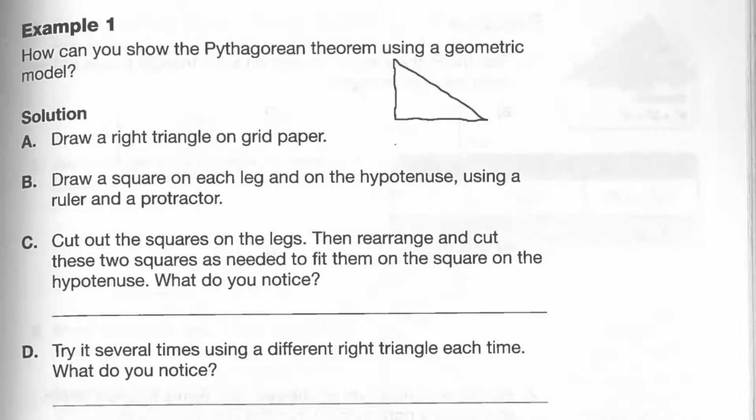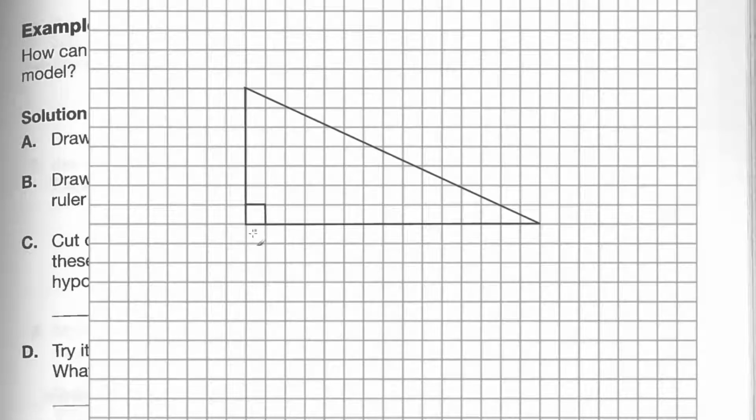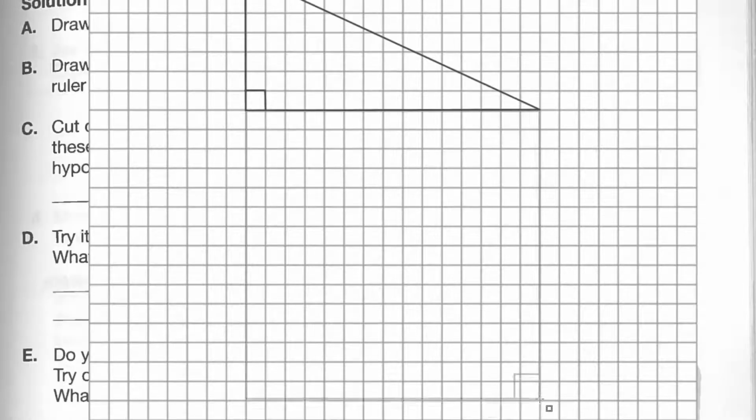Next thing, let's bring this up again. So now I'm going to draw a square. To draw a square, I'm going to need it to go. Wow, I should not have drawn such a huge triangle. So it's got to go something like that.